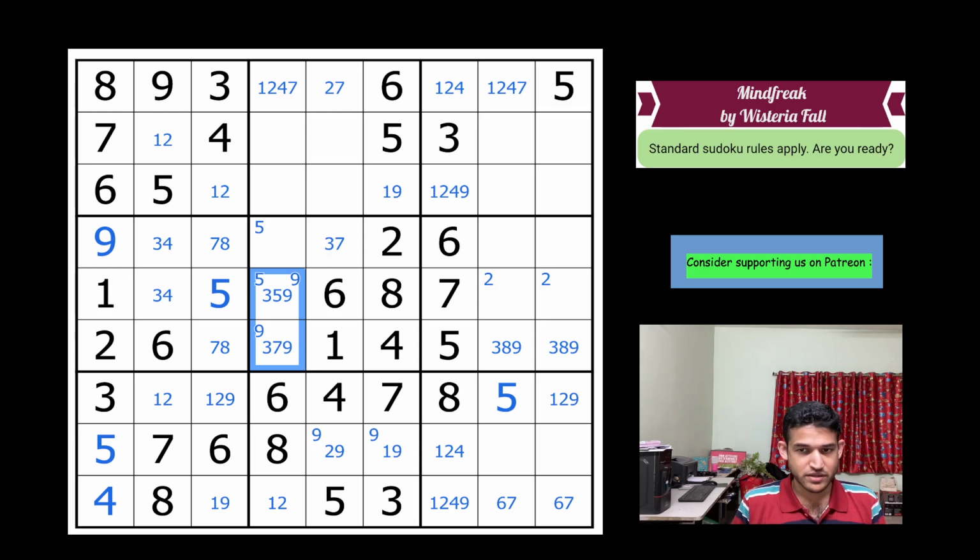Okay, 5 is not here, so 5 goes here. So all the 5s in the grid have been placed. This is not a 4. So what do I do next?